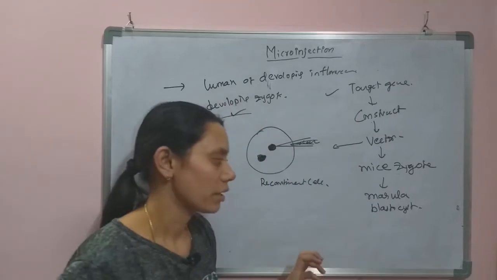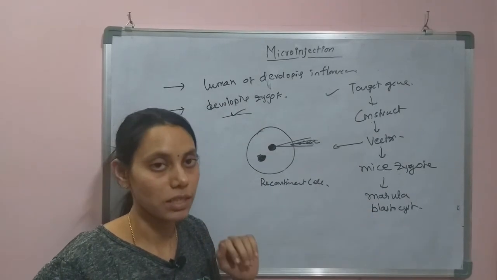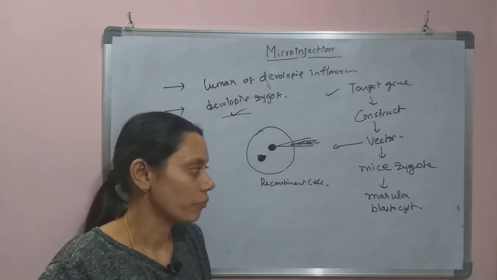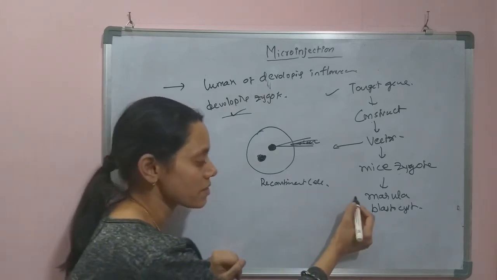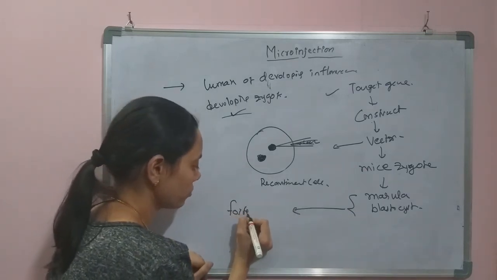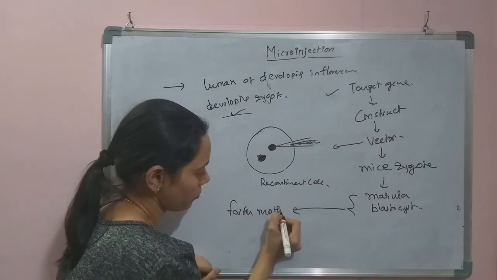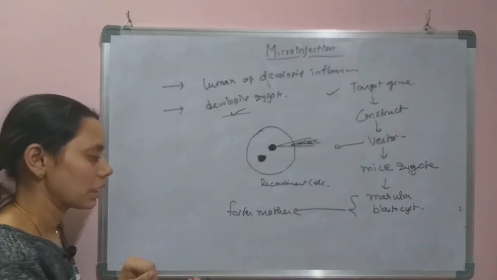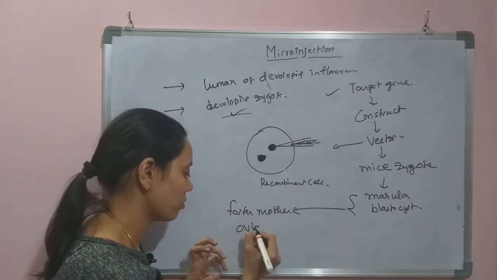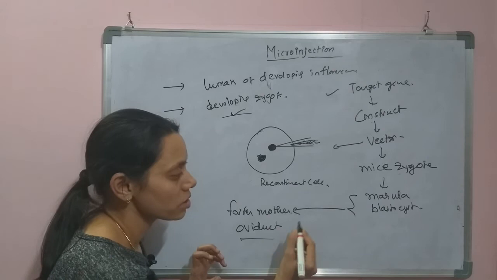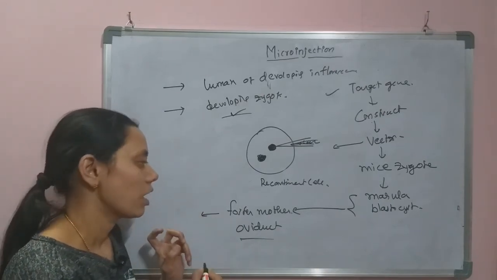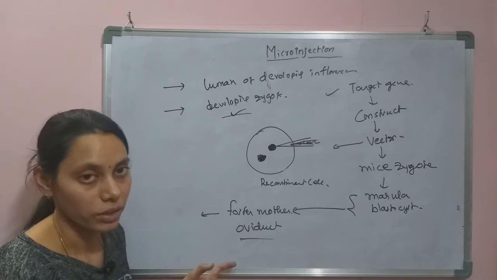Until the morula or blastocyst stage, the cell divisions will be carried out in vitro, and at this stage the embryo will be introduced into the foster mother. In the oviduct of the foster mother this embryo will be introduced, and this pseudo pregnancy helps the mice to develop in it.